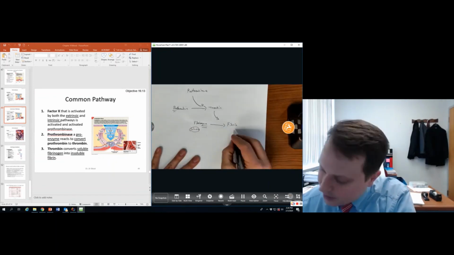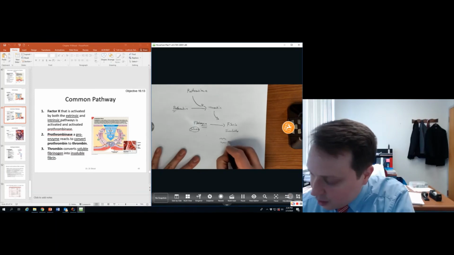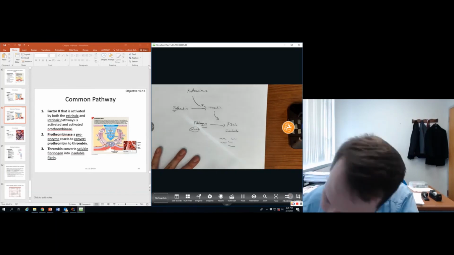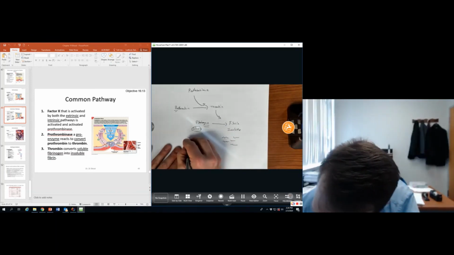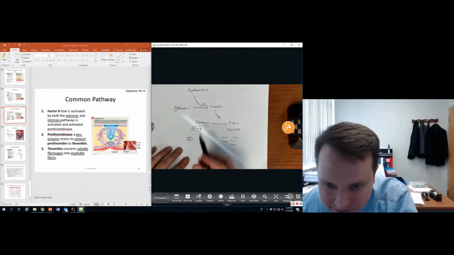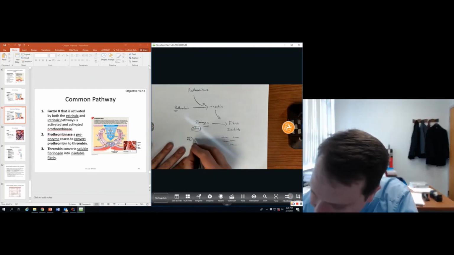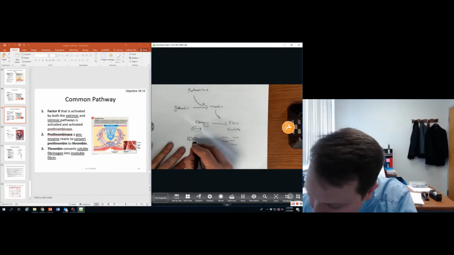Fibrin is insoluble. So what you get is all these little fibrin strands. So basically, fibrinogen is like this little piece right here with this little inactive thing on it. And when thrombin comes in, it removes it.